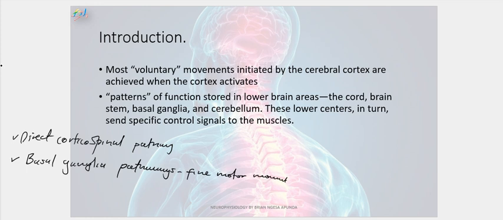Examples include adjusting the walking speed when moving, or maybe when moving through uneven ground. We also have the cerebellar pathway.